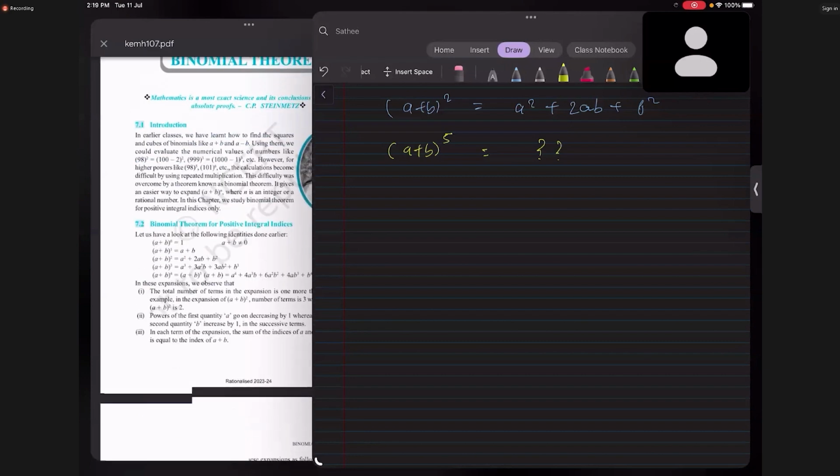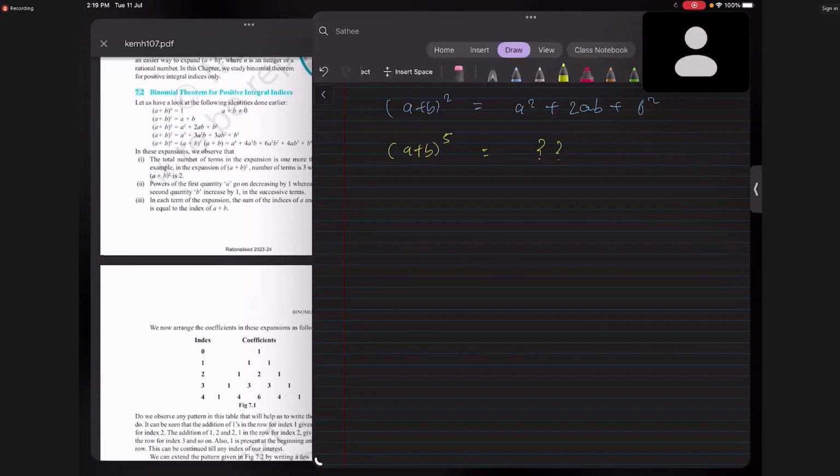So you just have to remember that there are two terms here, a and b. Every term would be of the form a to the power r and b to the power n minus r. In other words, the sum of these two exponents will always be equal to n, where n is any exponent.